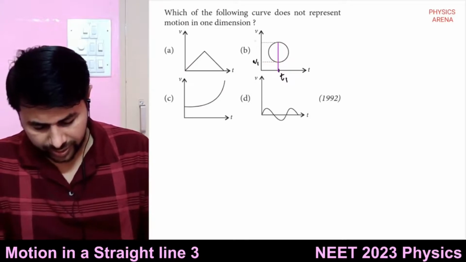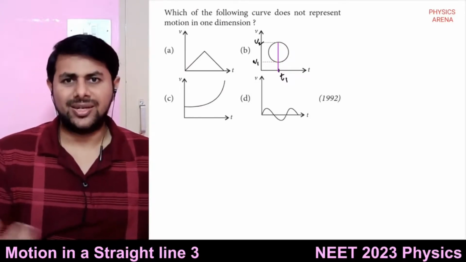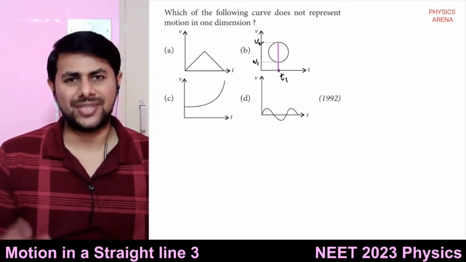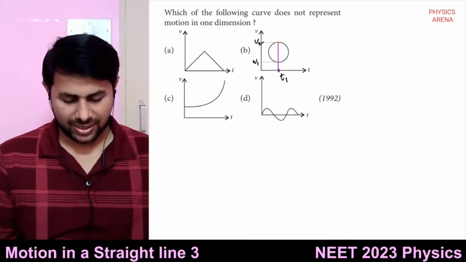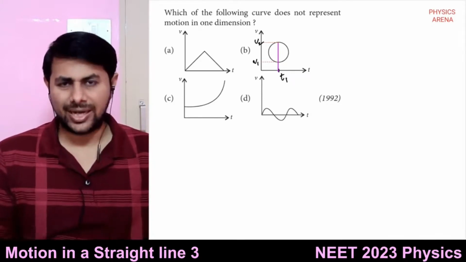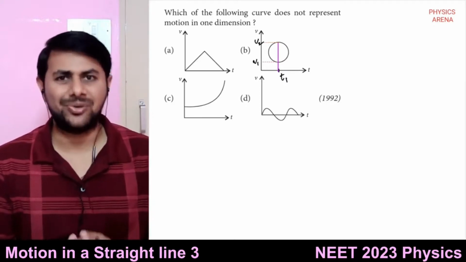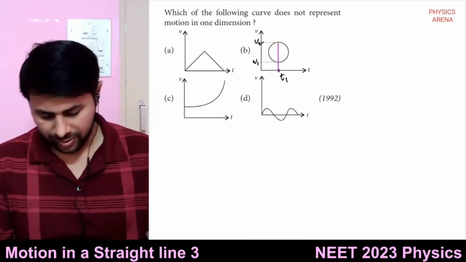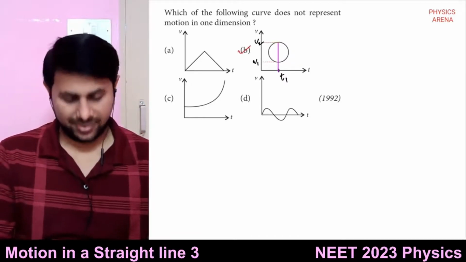So my question to you is, can an object have 2 velocities at the same time? The answer is no, right? So that's why this velocity versus time graph is not correct. It cannot represent one dimensional motion, or for that matter any kind of motion. So the answer is option B, right?